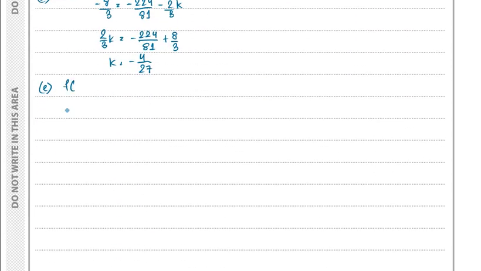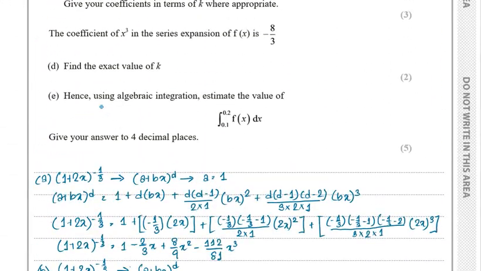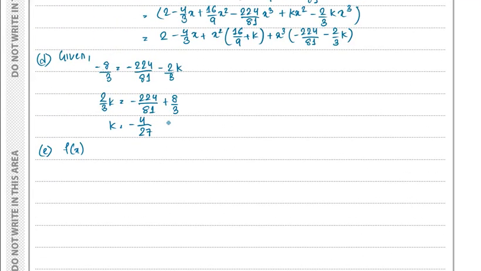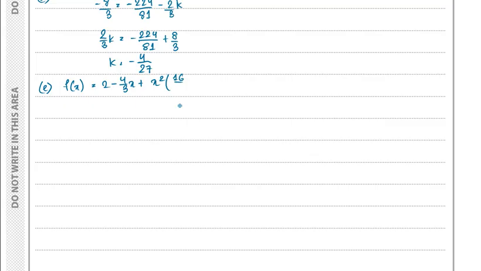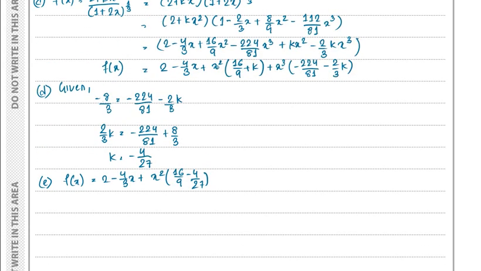So if you put that in fx, at first let me just read the question. So they have asked to integrate fx. They have given the limits 0.1 and 0.2, and they have asked to give the answer to 4 decimal places. So fx here was in terms of k, and we know the value of k now. So this will be 2 minus 4 by 3x plus x squared bracket 16 by 9 minus 4 by 27, plus the x cube.